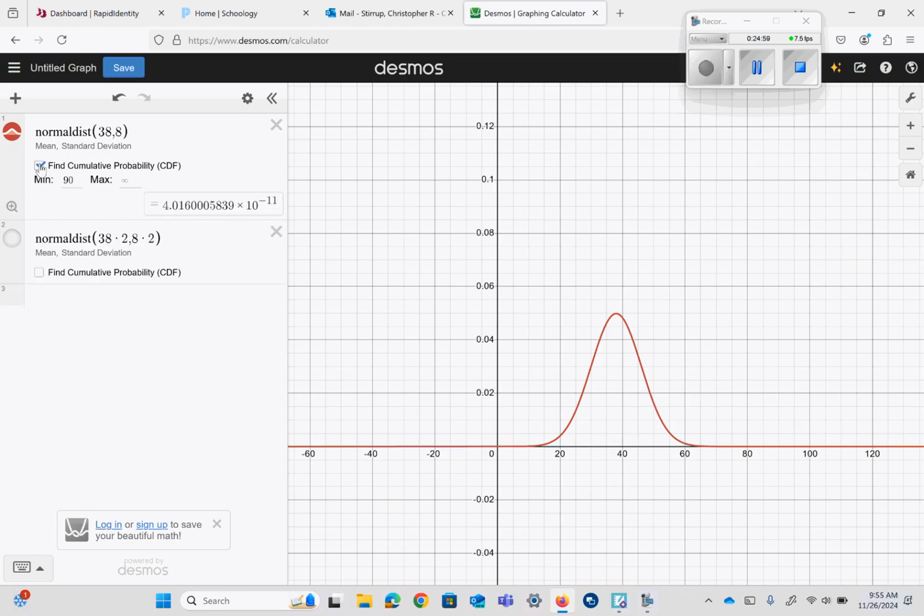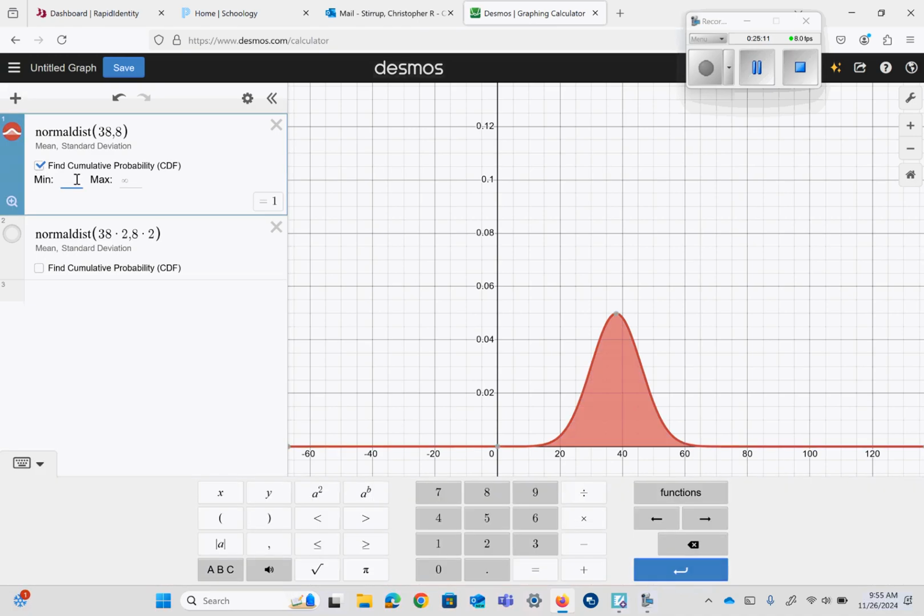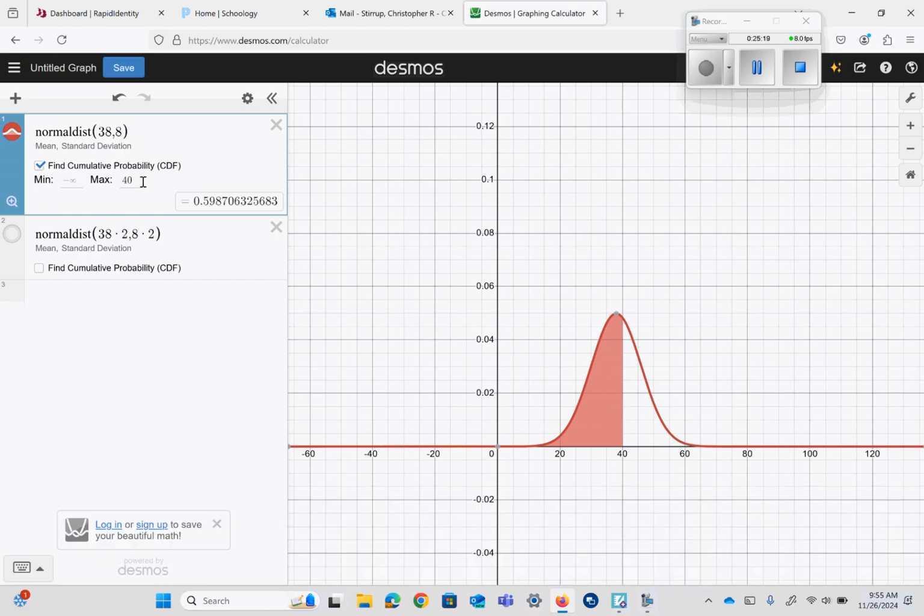This 38 minutes, it takes him from 7:20 to 8, which is 40 minutes, agree? So if I go back to this normal distribution and ask what's the chance he makes it within 40 minutes? Mr. Jenkins has a 59.87% chance of making it on time if he doesn't get pulled over and doesn't have construction.